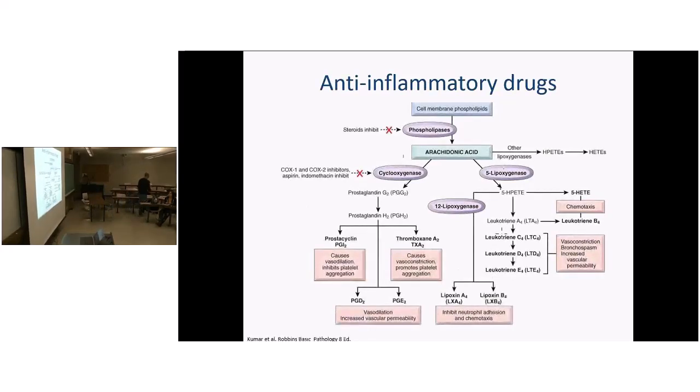The anti-inflammatory drugs, we basically divide into steroidal and non-steroidal anti-inflammatory drugs. Sometimes it's very common in books to call the steroidal ones GC, or glucocorticoids, and NSAIDs for the non-steroidal ones, okay?